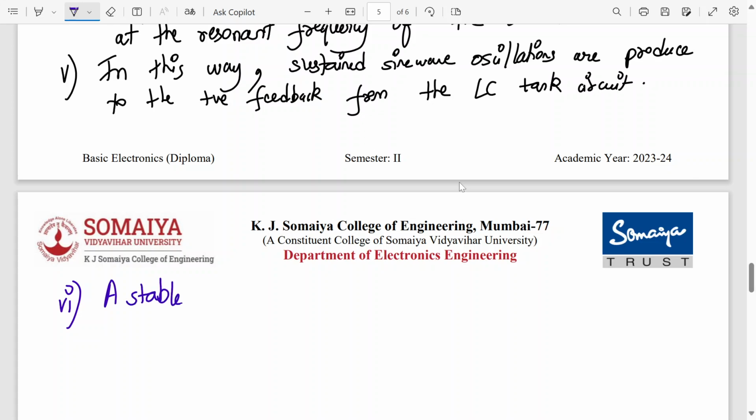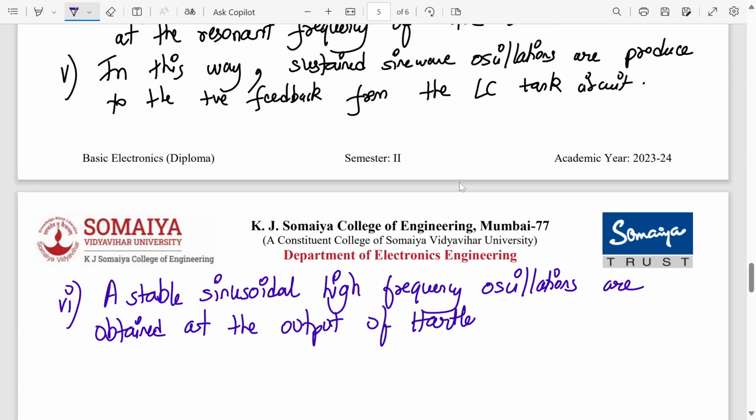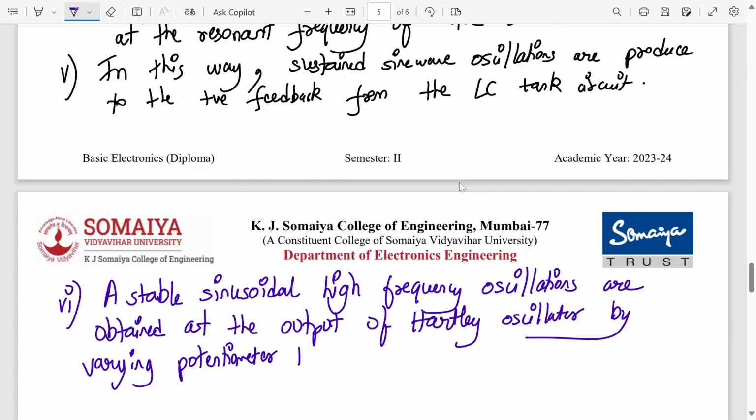A stable sinusoidal high frequency oscillation is obtained at the output of the Hartley oscillator by varying potentiometer RC.